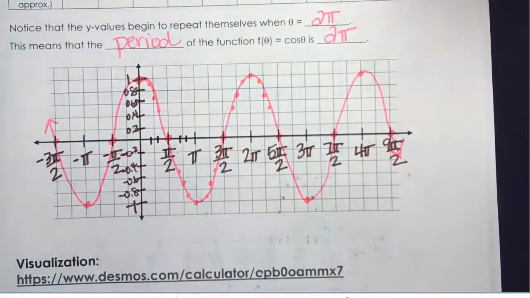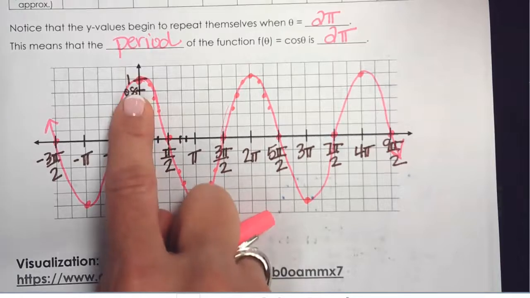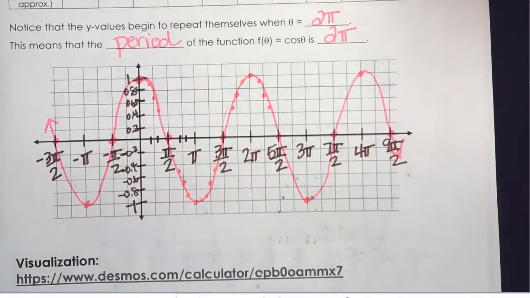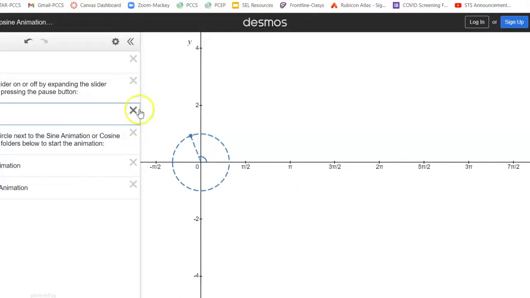So these look very similar to each other, don't they? Except they have different starting points. Where did sine start? Sine started at 0, but cosine started at 1. So what we've really done is we've taken the unit circle and made it into this graph. And this is just a little animation here.